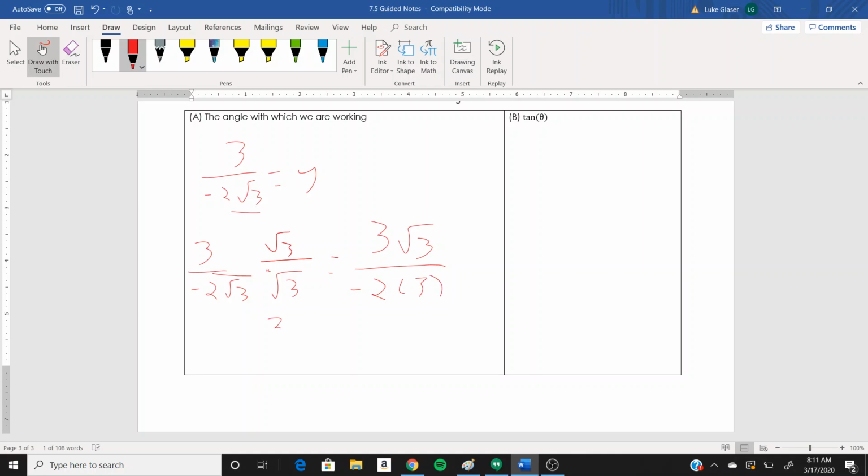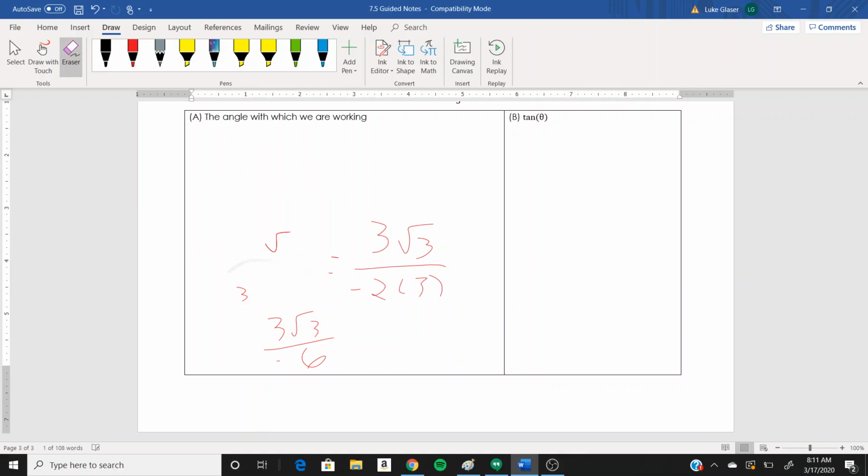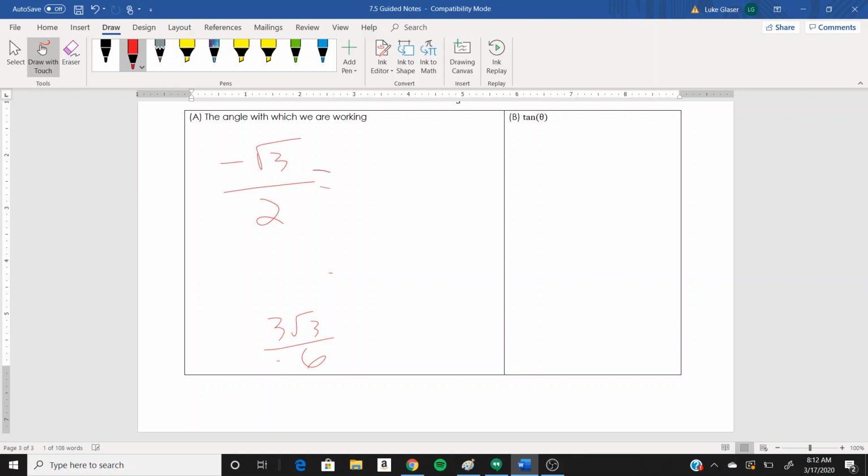So I get 3 root 3 over -6. Almost there. And that's going to simplify. 3 over 6 will simplify to 1 over 2, so it'll be -root 3 over 2 equals y.